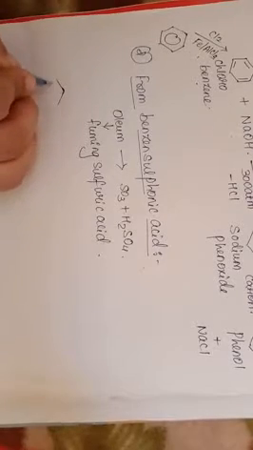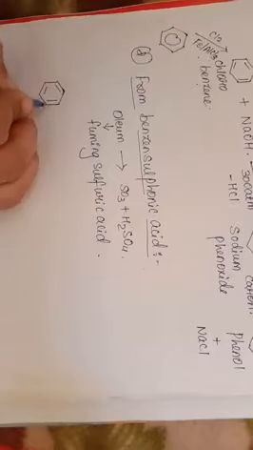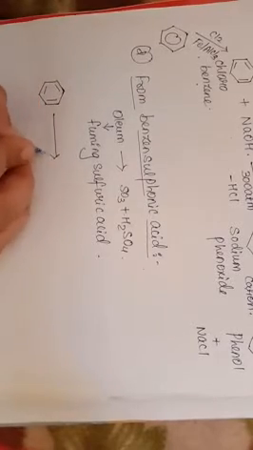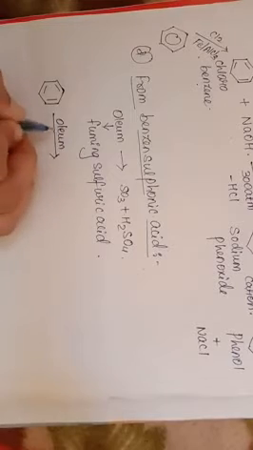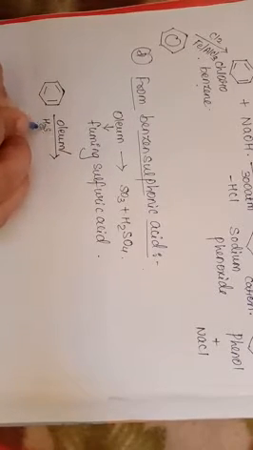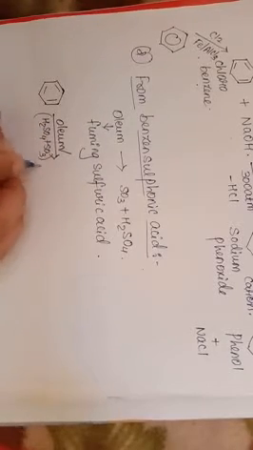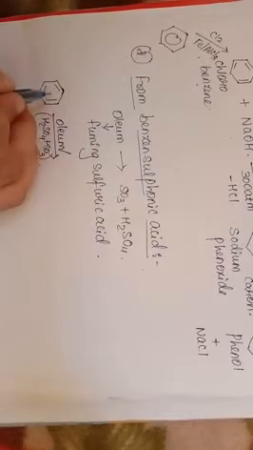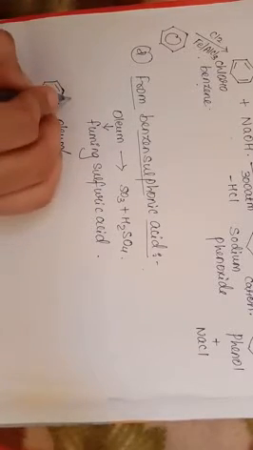So this benzene is sulfonated with oleum. So we'll take here first benzene. You can write here anything, oleum, or else you can also write H2SO4 plus SO3. Anything you can write in exam. So here everywhere hydrogen is present. All know that.